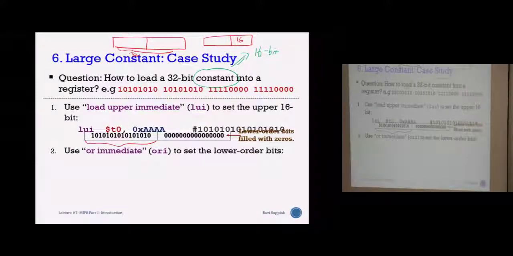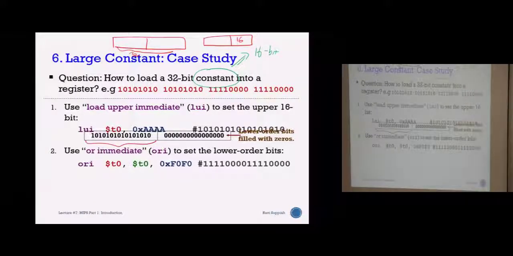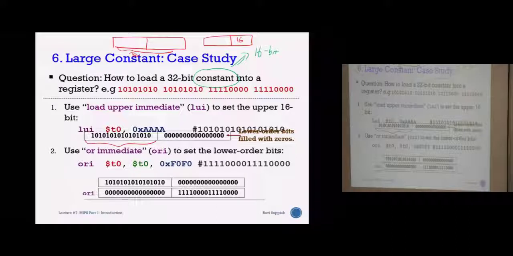And then I do an OR with the lower 16 bits. Why? Because when I do an OR with a 0, nothing happens, correct? OR with 1, only then I force it to become 1. OR with 0, the original data will still be retained. So I do an OR with the data that I want.